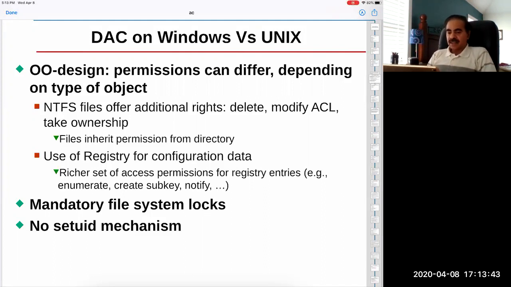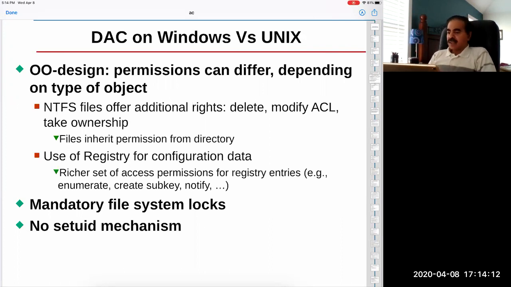It has separate permissions for deleting, and it also has a separate permission for modifying permissions. On Unix, the permission on a file can be changed only by the owner of the file. On Windows, the permission to change permission is also a permission that can be given to other users.